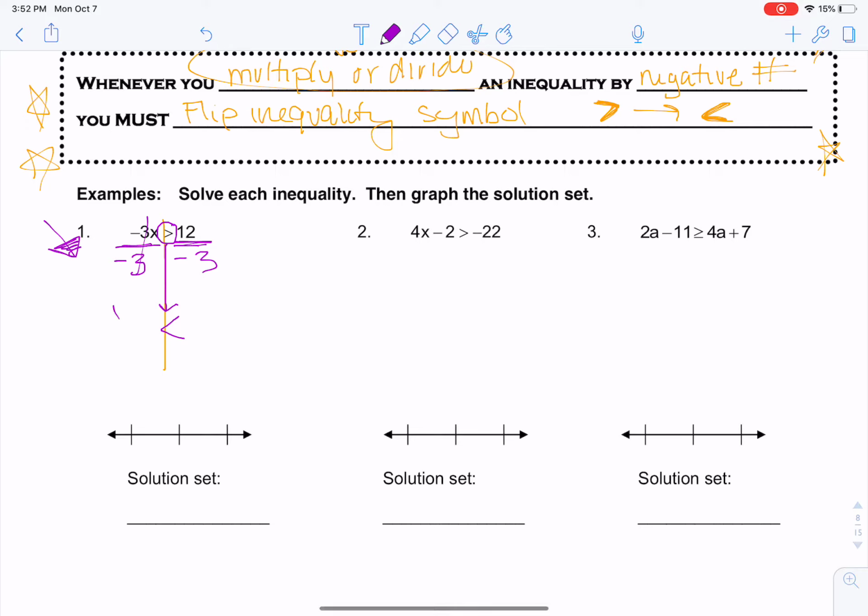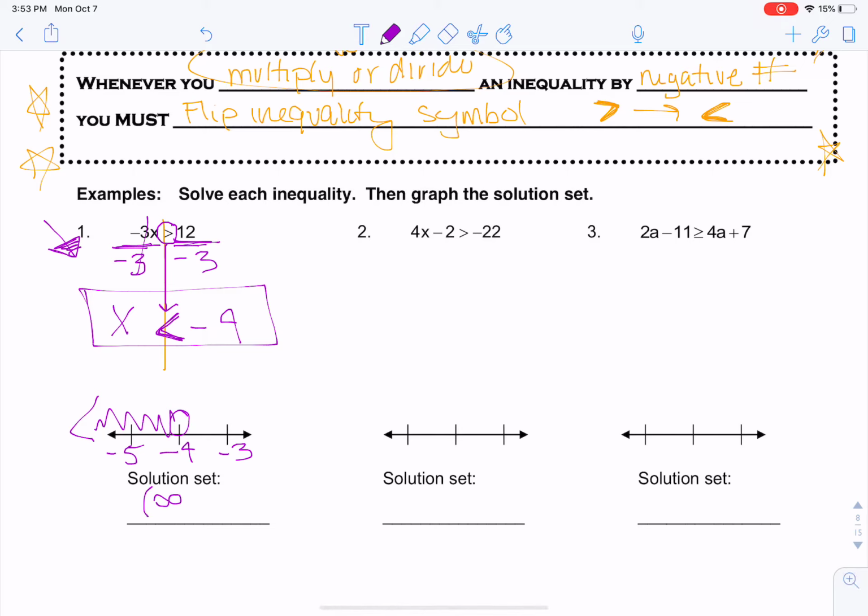So that means x is now less than -4. Okay, as soon as I divided both sides by that negative, I flipped that inequality symbol around. Okay, super important. This is just old review. I have -4, -3, -5, open circle, everything less than -4. Okay, solution set, I'm starting at infinity, going to -4.